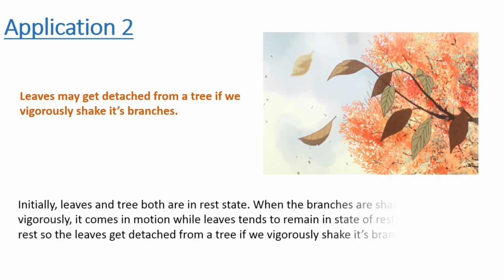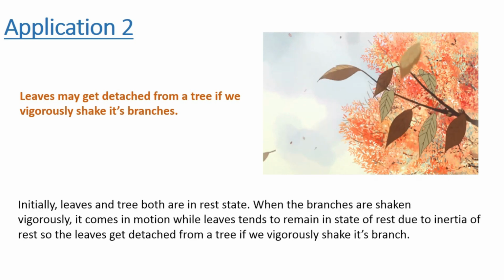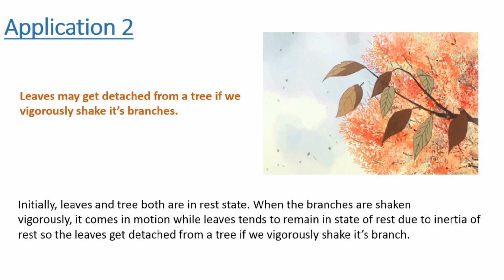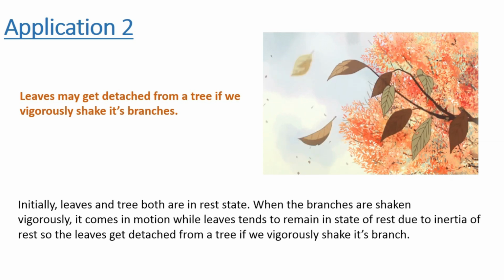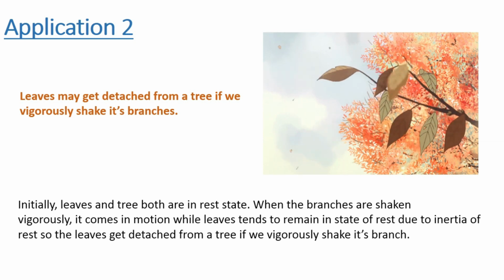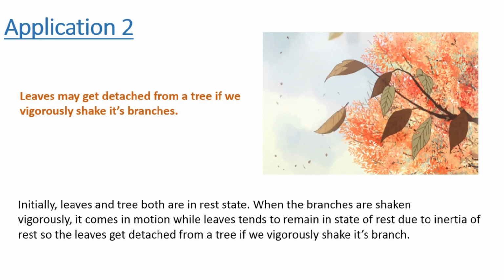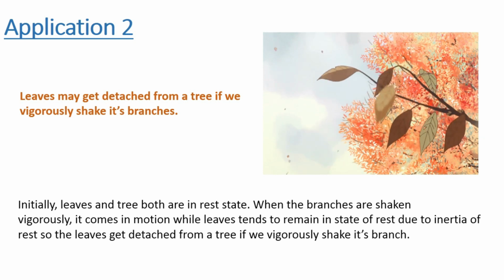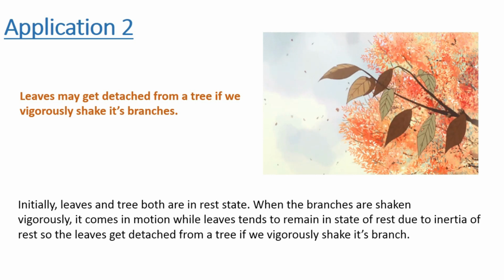So this is the explanation. Initially, leaves and tree both are in rest state. When the branches are shaken vigorously, they come in motion, while the leaves tend to remain in the state of rest due to inertia of rest. So the leaves get separated from the tree if we vigorously shake its branches.